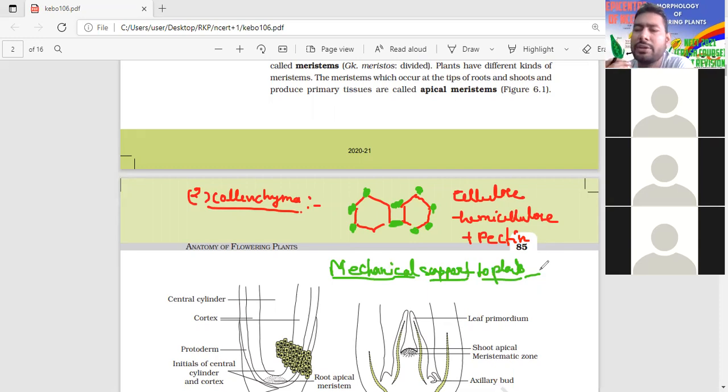The leaf of Ficus religiosa is continuously moving. What is the reason? Suppose this is the leaf of the Ficus religiosa tree, and this is the petiole.